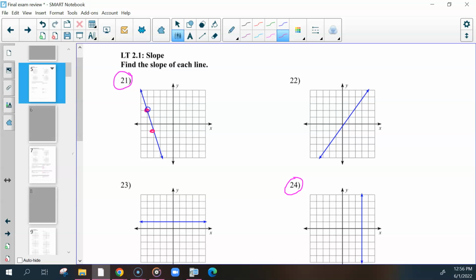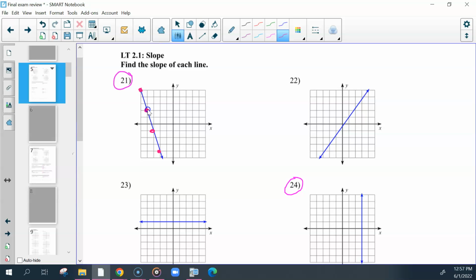Some points that do that are these ones. Be careful that whenever you count the slope, make sure it applies all the way throughout, because if it doesn't, that's not your slope. And then if we're counting y's over x's, I can either go down 3 and to the right one, or I can go up 3 to the left one.